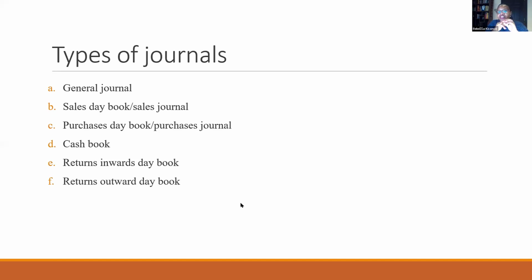So remember, just to recap our class for today, the sales day book, also called the sales journal, records credit sales. The purchases day book, also called the purchases journal, records purchases bought on credit, which records our trade creditors. Then we have the cash book, which records cash in and cash out. We're going to look at that in detail.